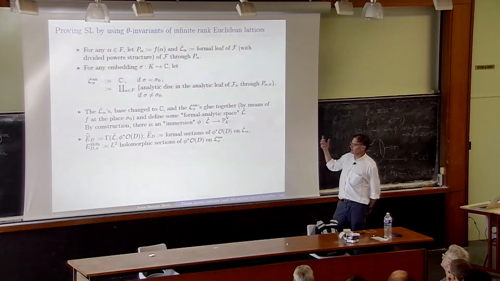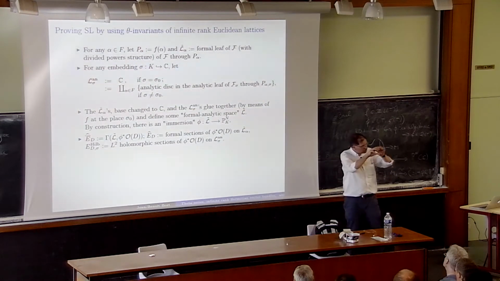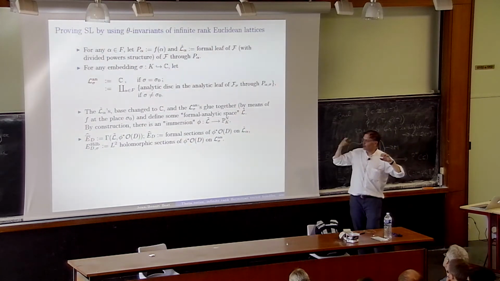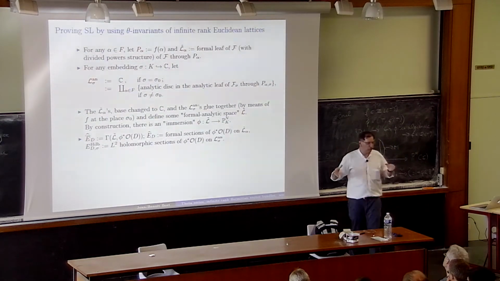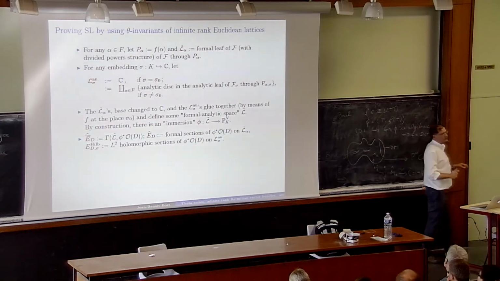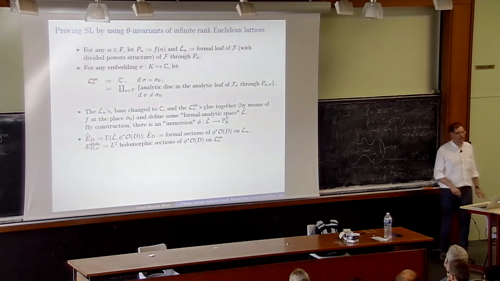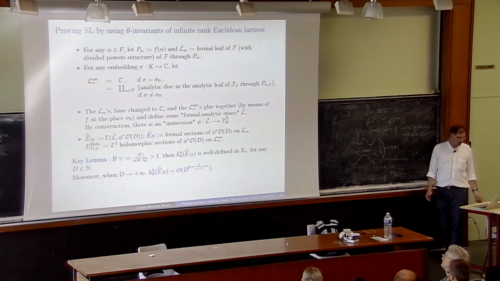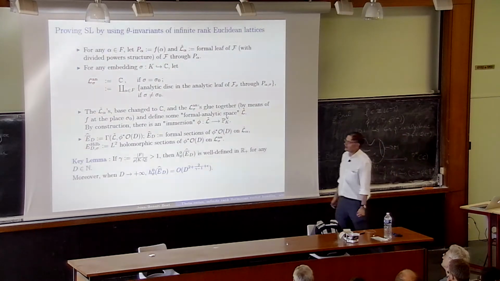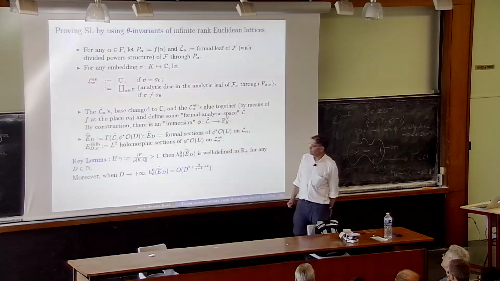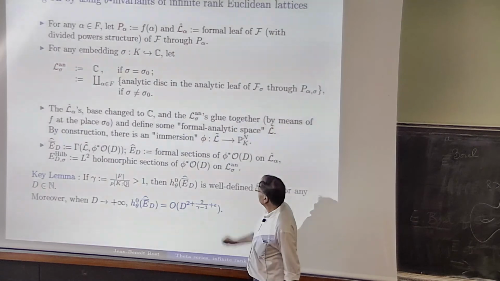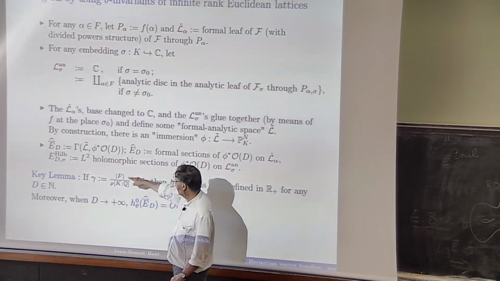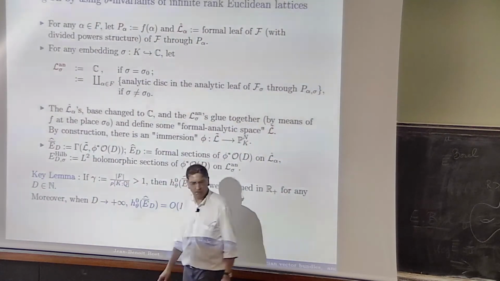And the space of sections has some formal parts, which correspond to sections of O of D on the formal schemes you are given. But you also have some natural Hilbert structure by looking at the space of L2 holomorphic sections on the complex leaves. And in this case, you may compute the h0 theta of this big gadget, and you find that it is finite if the ratio that enters into the statement of the Schneider-Lang theorem is large enough.